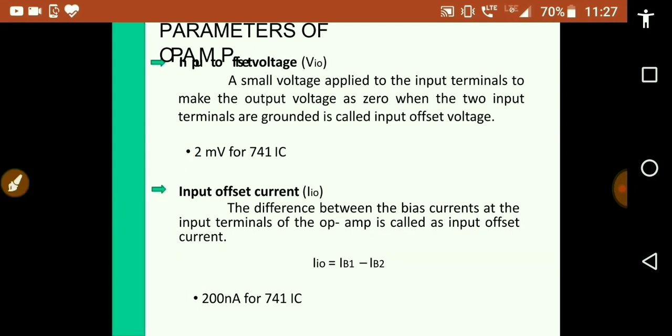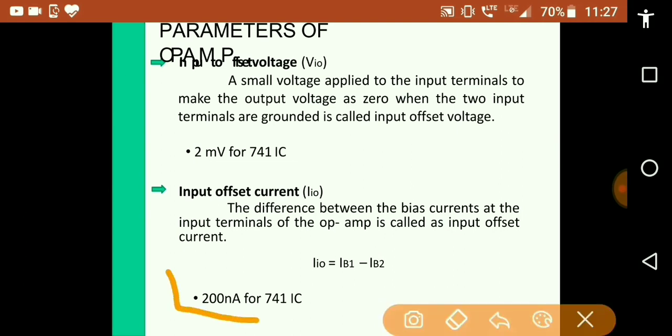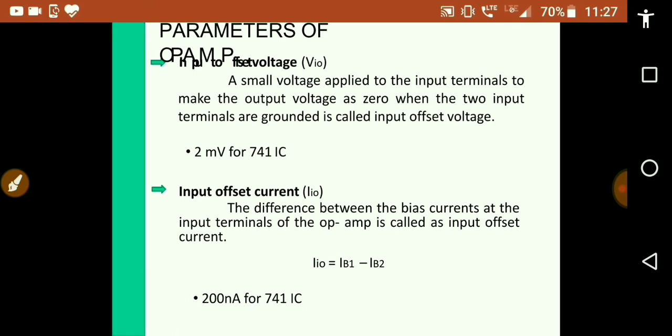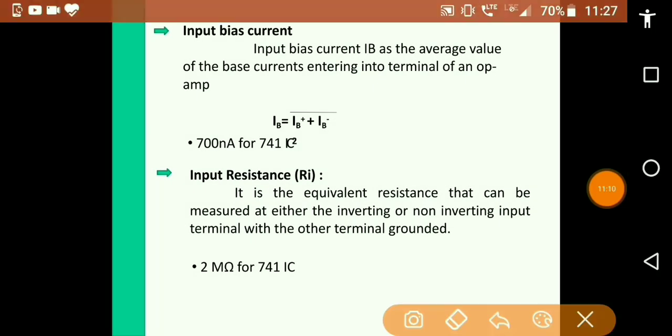It is 200 nanoampere for IC 741. Let us see the input bias current. The input bias current IB is the average value of the bias currents entering the terminals of an operational amplifier. It is 700 nanoampere for IC 741.